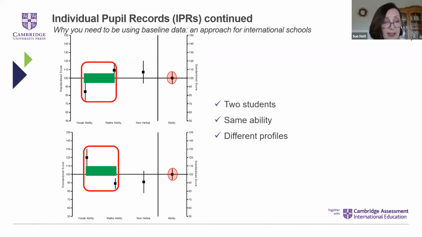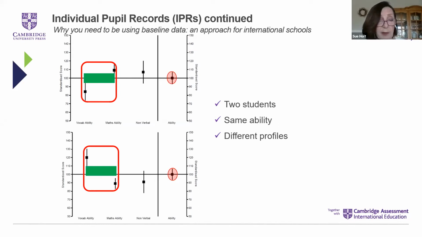And the other student has a very high vocabulary and low maths, and their nonverbal ability is on the low side, whereas the other student had higher nonverbal ability. So you might want to look at the top student, find out maybe they've got English as an additional language, perhaps they have a special educational need, but either way, they will need some support to get that vocabulary level up to a higher level.